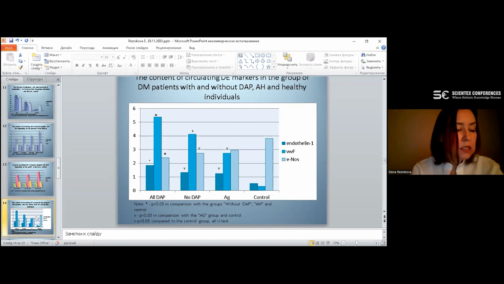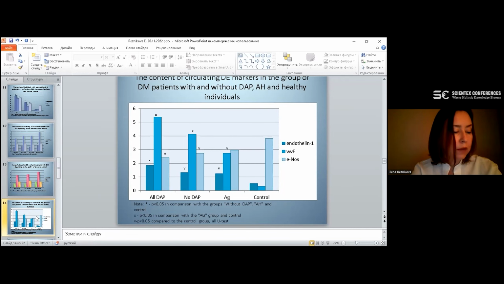The excess of endothelin-1 and von Willebrand factor levels in the group of diabetic patients with vascular complications is significant in comparison with patients without diabetic angiopathy, hypertensive patients, and healthy people.